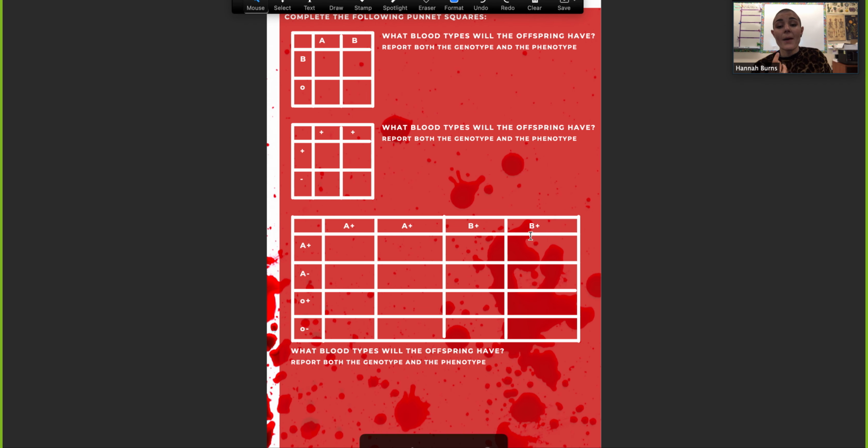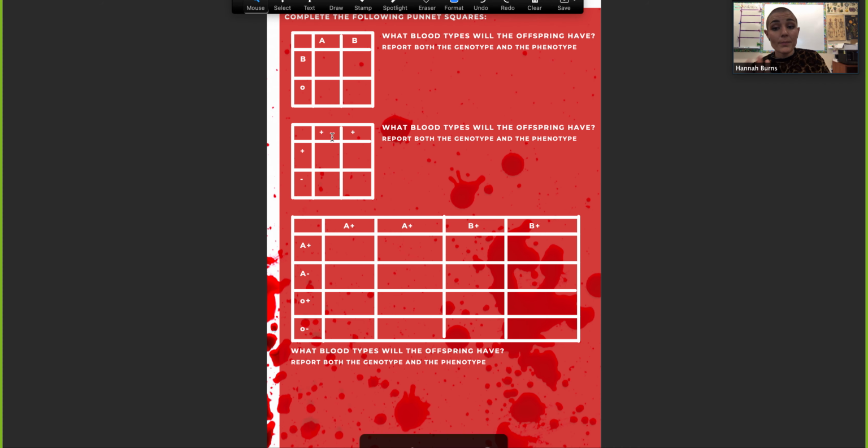So if my A and B are both dominant, which means that you can have both of them expressed, and O is recessive, then if I have two A's together, I have type A blood. If I have two B's together, I have type B blood. If I have AB, then I have type AB blood. If I have AO, type A; BO, type B; two O's will give me type O blood. So you can only have type O blood if you have two O's together because they're recessive.